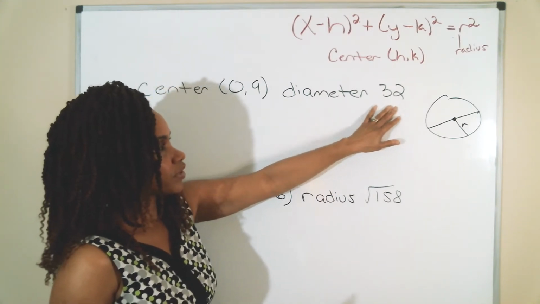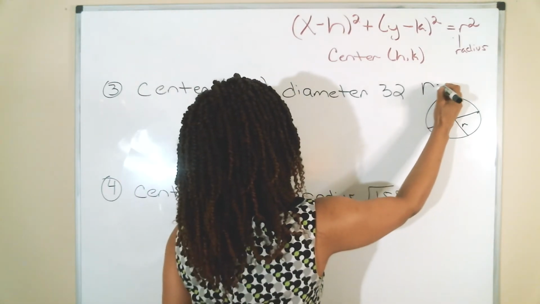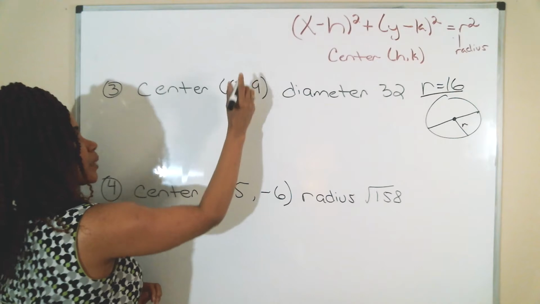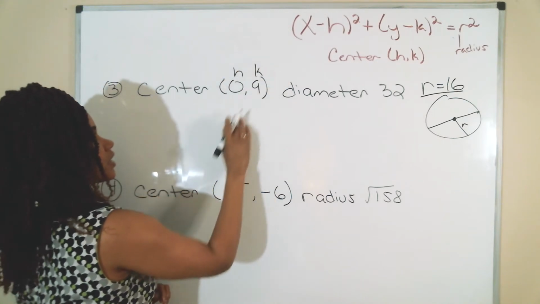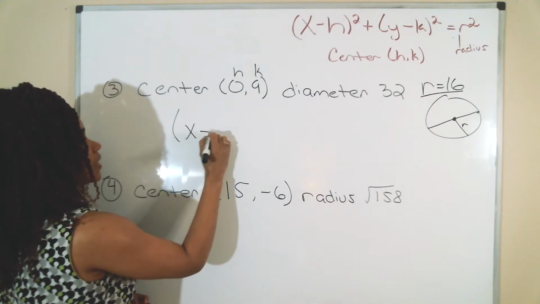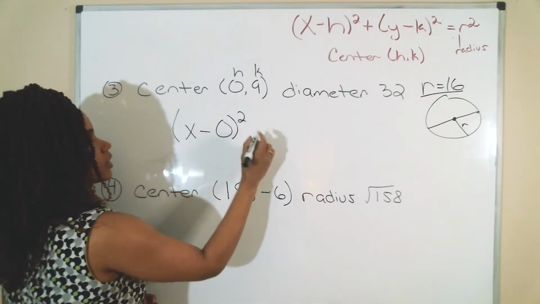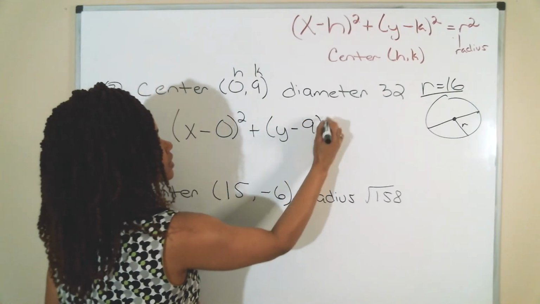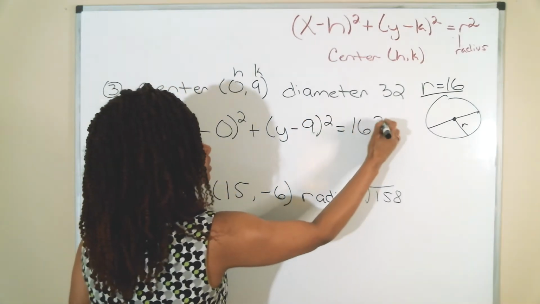And so half of 32 is 16. So our radius is 16. And labeling our center, h, k, then just plug it in. x minus 0 squared plus y minus 9 squared is equal to 16 squared.